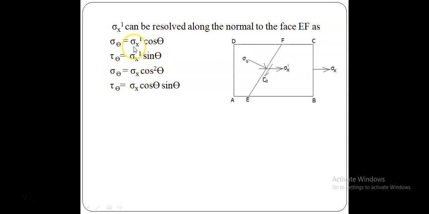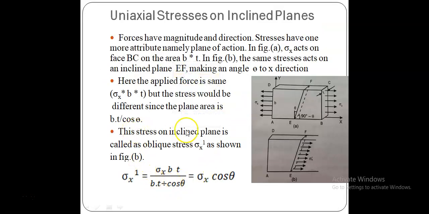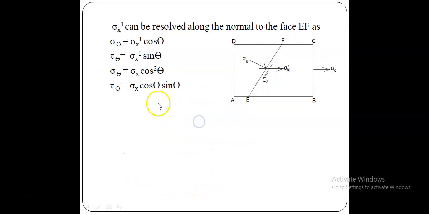Now we substitute sigma x dash, as we determined in our previous slide, sigma x dash equals sigma x cos theta. Therefore sigma theta is equal to sigma x dash cos theta, which becomes sigma x cos theta into cos theta, which is sigma x cos square theta.